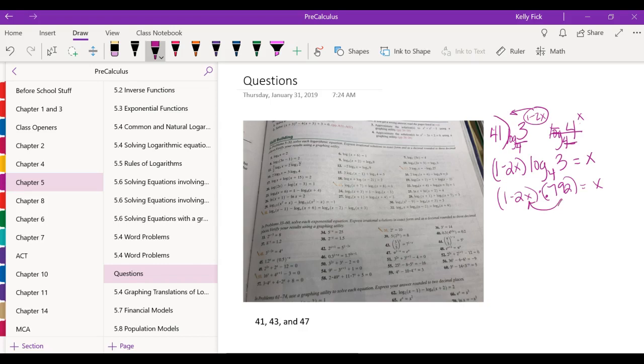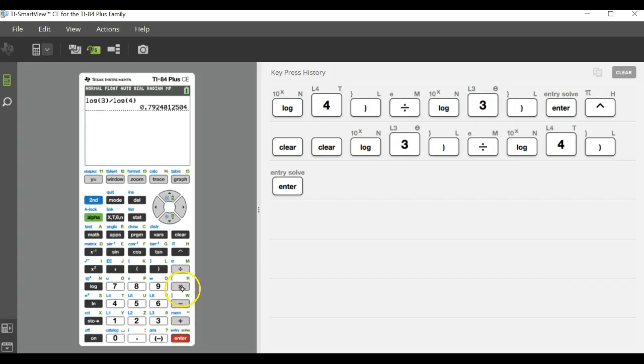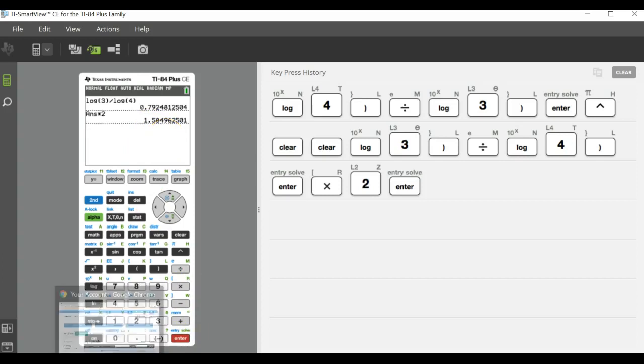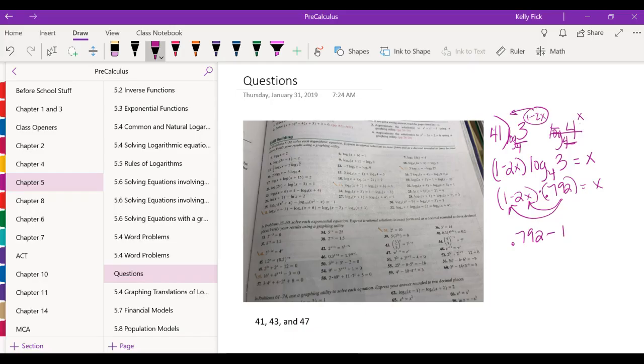So then I would distribute this decimal forward. So then I get 0.792 minus 2 times that is 1.585. Then I put 1.585x equals x. Now I need to add this so that my x's are together. And so I get 0.792 equals 2.585x.